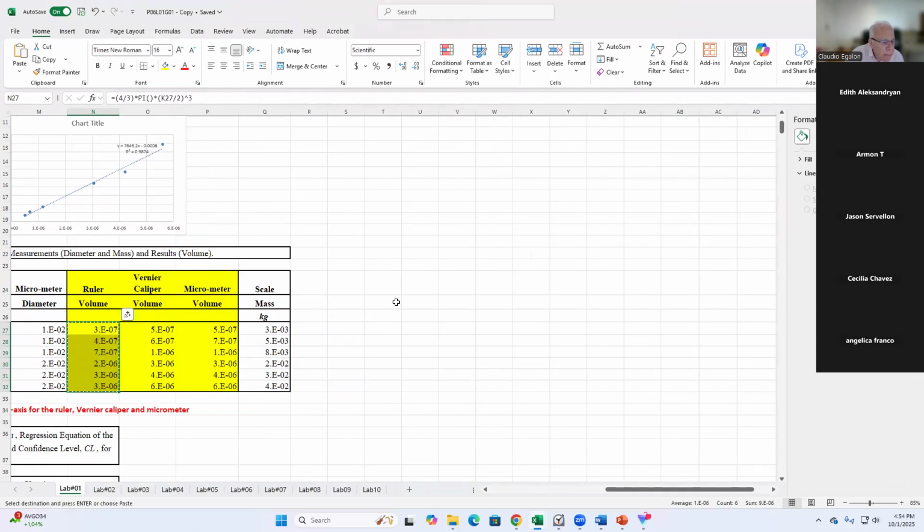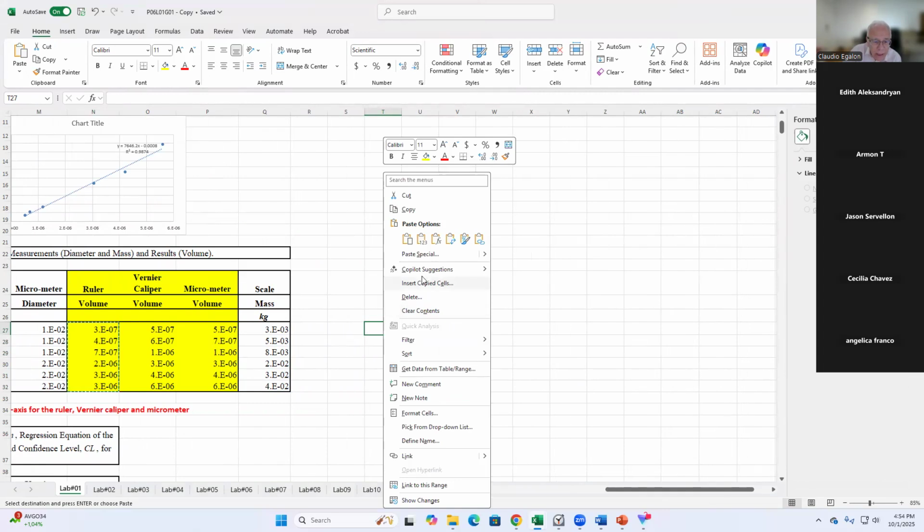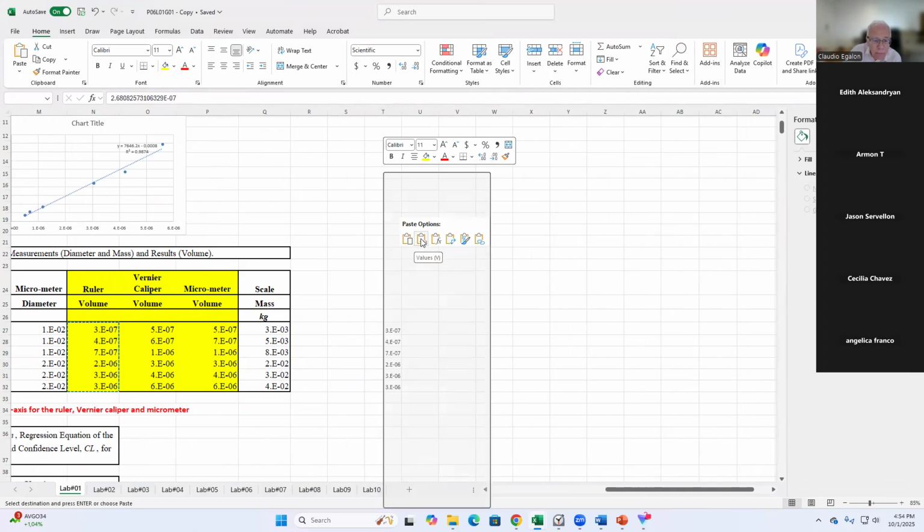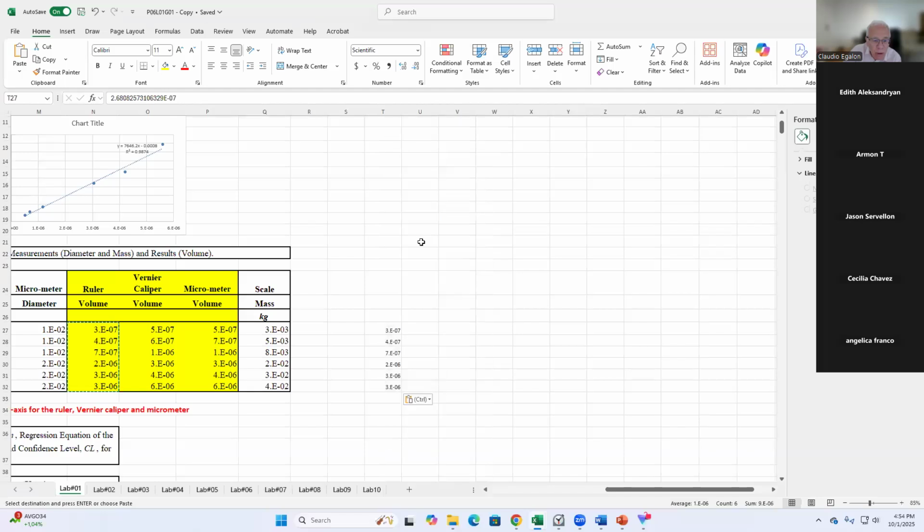Then you're going to paste them right here to the right, but paste it in a different way. You right click and choose this paste option, values, numeric values. Then you do the same for the mass.